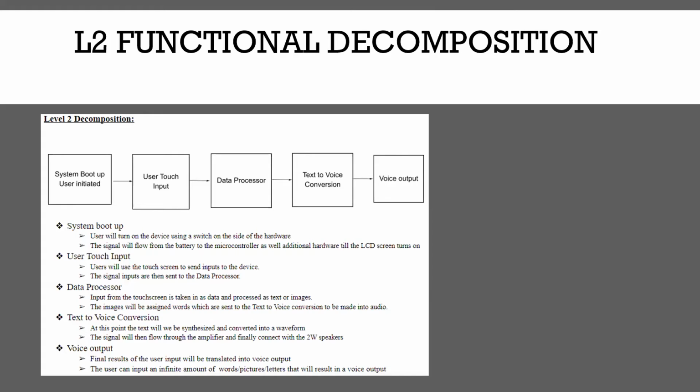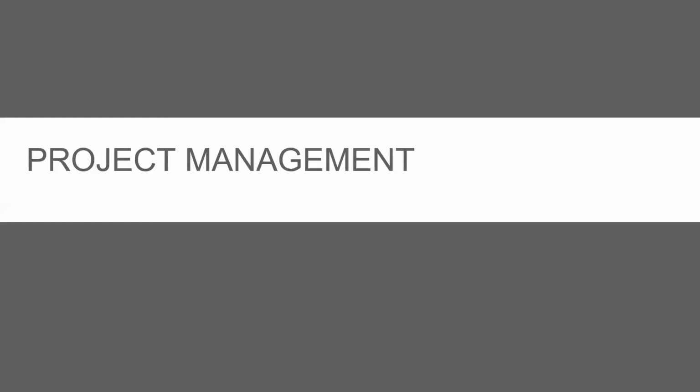In the data processor, input will be made as text or images that will then be converted. The text to voice module takes in this text and converts it into speech. Finally, output will come out as speech, and the user can input as many words, phrases, and pictures to convert as well. In the next slide, Muna will discuss the project management side of the project.